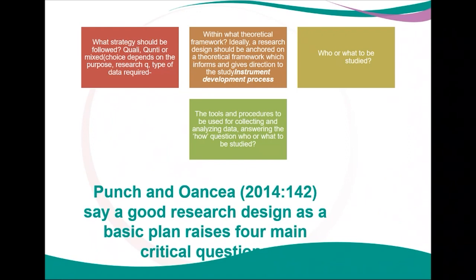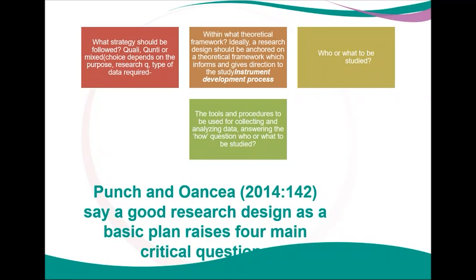The second question is, within what theoretical framework? So ideally, a research design should be anchored on a theoretical framework which informs and gives direction to the study. And the third question is, who or what is to be studied? So here we're talking about your participant or the phenomenon that is under study.